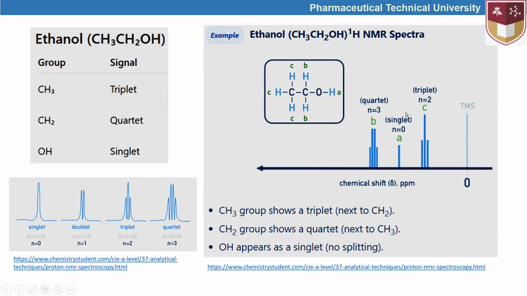Here, this triplet has two adjacent carbons next to methylene group. And this quartet belongs to methylene group that has three adjacent hydrogens. Okay, so this one quartet belongs to CH2. This one belongs to CH2 because it has three adjacent hydrogen atoms.